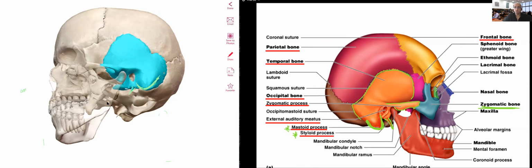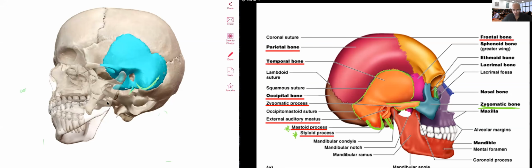Thin, long, and sharp, it's style. A person is stylish. So remember, the one that is thin, long, and pointed, sharp here, is going to be the stylish, or we say styloid process.